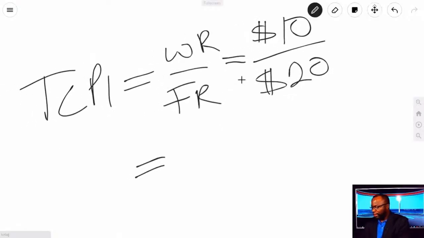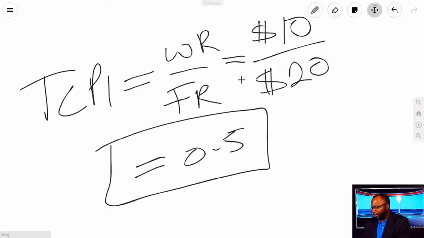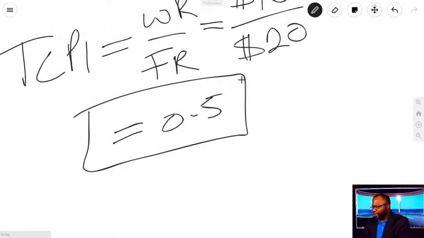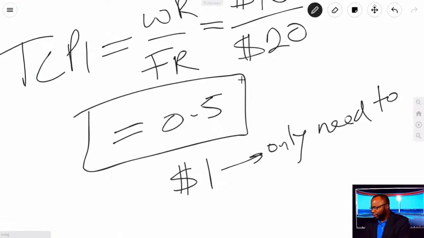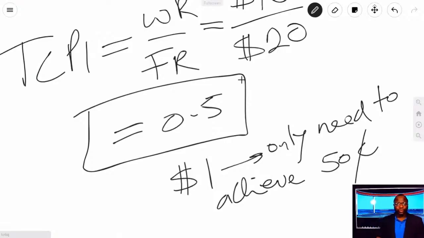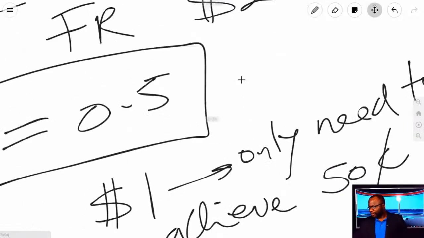That means your TCPI equals 0.5. What does that 0.5 mean? That 0.5 means you are spending $1 and you only need to achieve 50 cents on every dollar, and you will get to management's objective of budget. So that's why I call this a lie detector test.